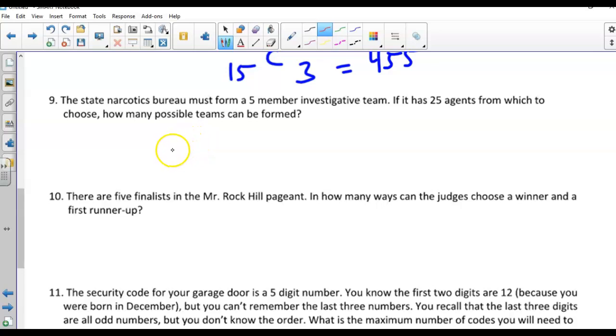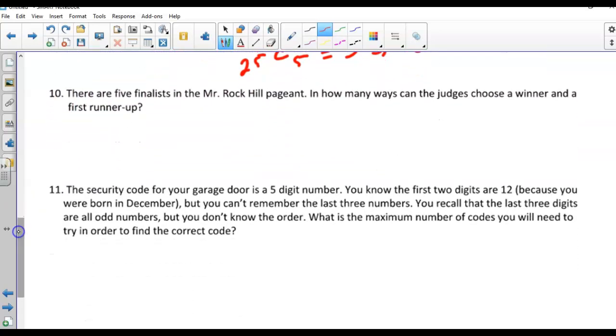It's just saying I just need groups of 5. So that's 25 is N, right? And R equals 5, all right? So that's 25 choose 5, and you do that in your calculator, 53,130, right?